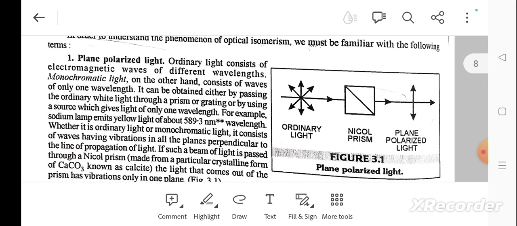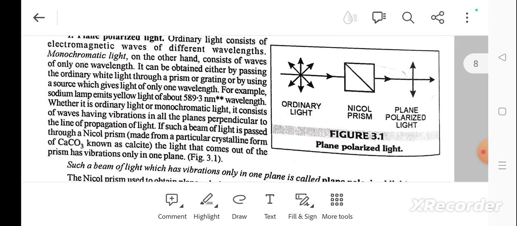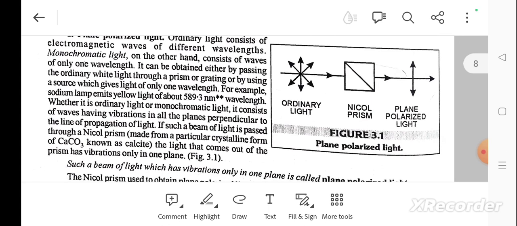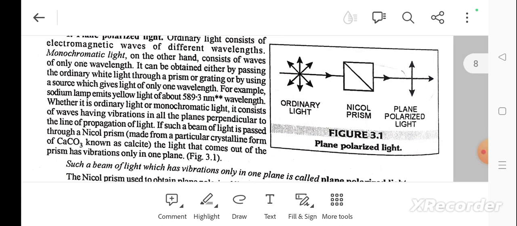Monochromatic light, on the other hand, consists of only one wavelength. It can be obtained either by passing ordinary white light through a prism or grating, or by using a source which gives light of one wavelength. For example, the sodium lamp emits yellow light of about 589.3 nanometer wavelength.